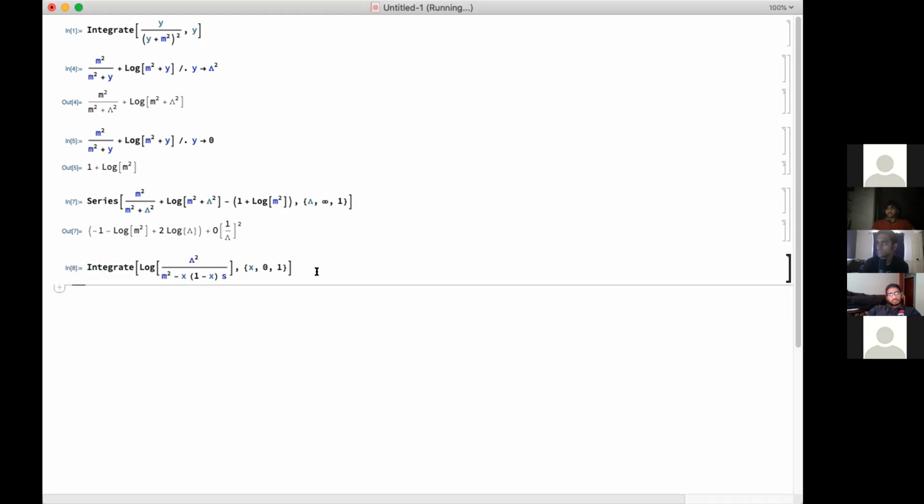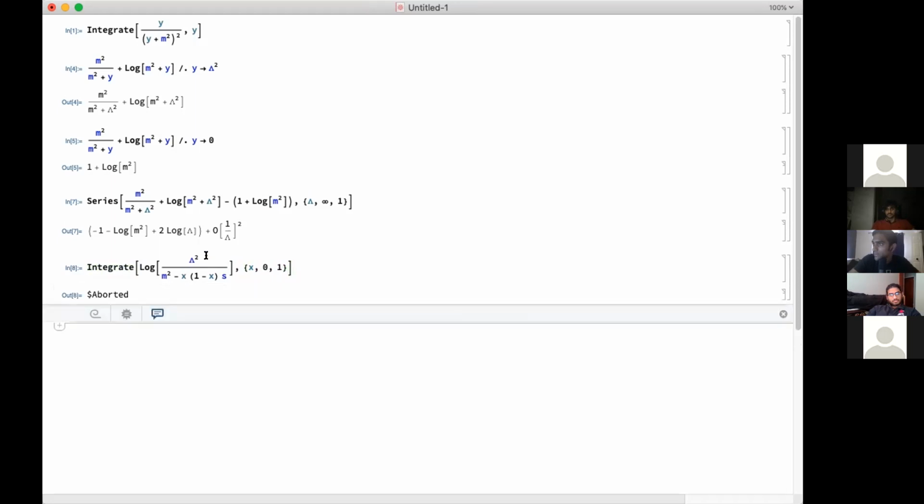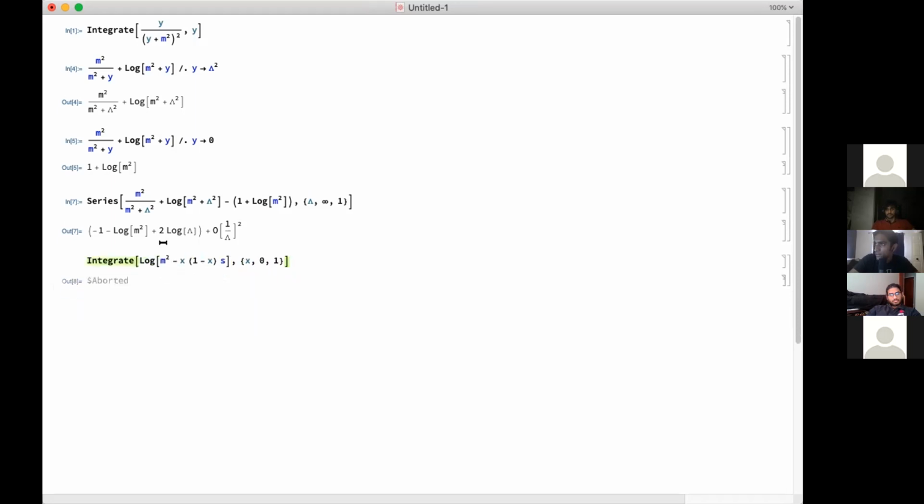I have a feeling it's going to fail. Maybe this is the wrong way to feed it to Mathematica. Maybe instead, I know that it's log of lambda squared minus this.